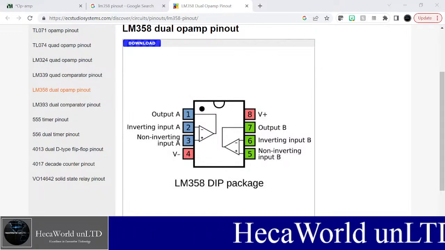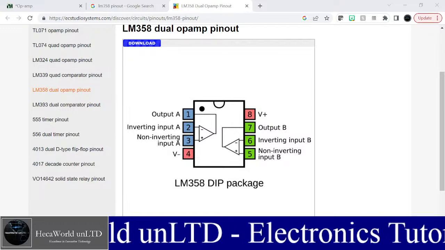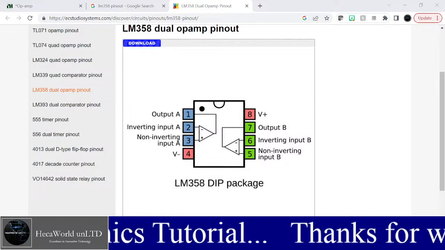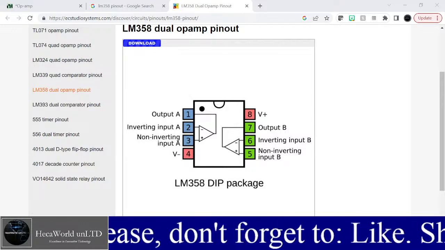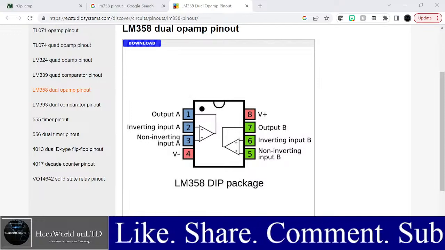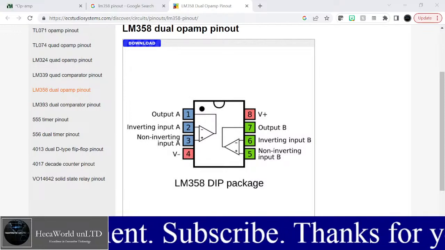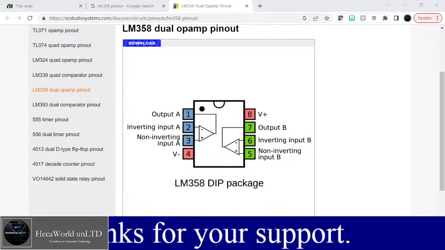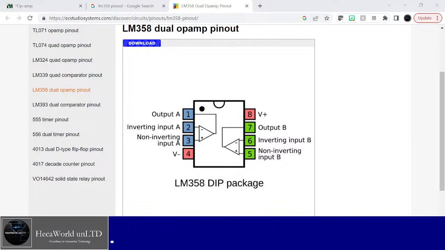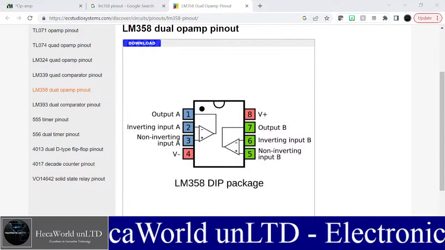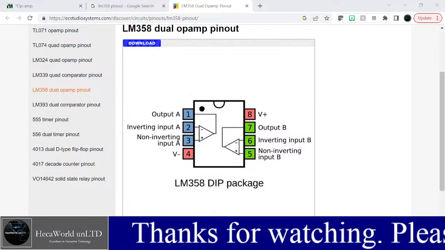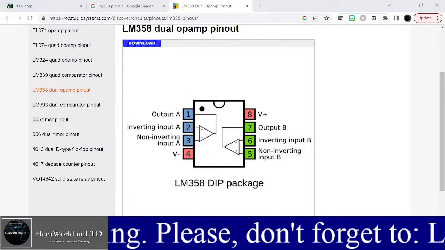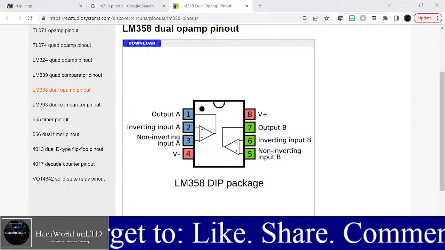We are saying when the signal on pin 5 is greater than or equal to the signal on pin 6, the output should be high. So I just write high here. So when signal on pin 5 is less than the signal on pin 6, the output is low. That's it basically. The rest is the same, just inverting it.